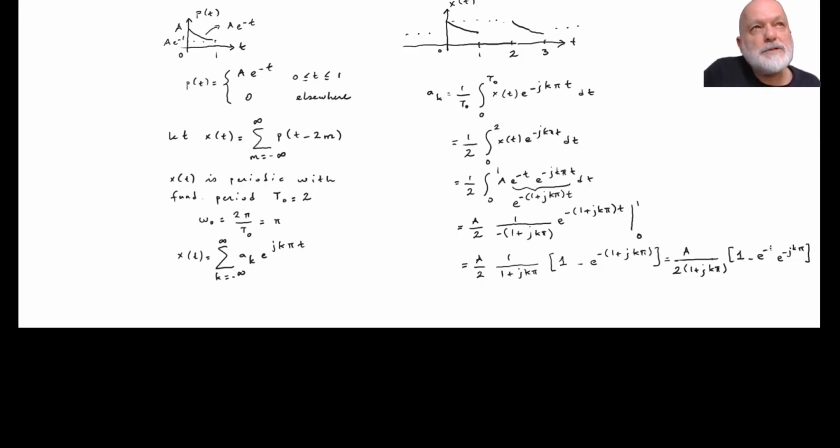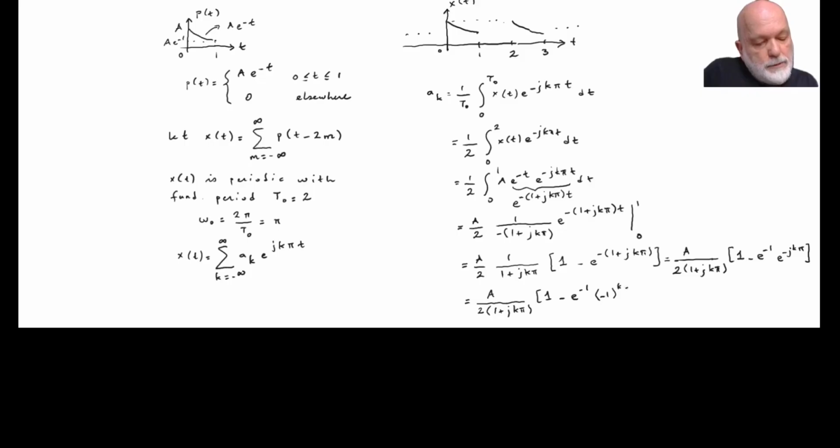But e to the minus j pi is equal to minus 1. So this is equal to minus 1 raised to the power k. So we have a over 2 (1 plus j k pi), times 1 minus e to the minus 1 times minus 1 raised to the power k, because e to the minus j pi is equal to minus 1.